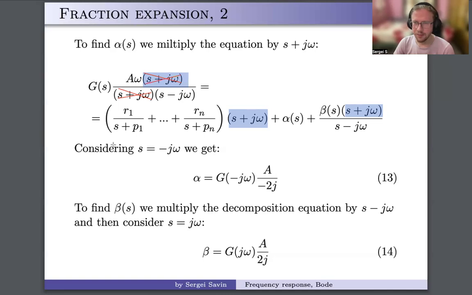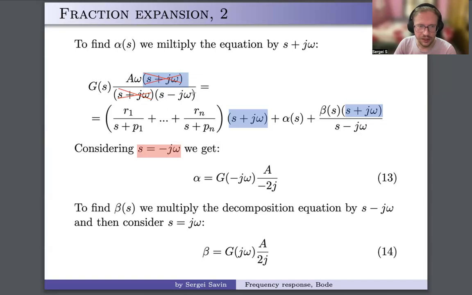Now, to make the next step, we will consider S equal to minus j omega. So we'll consider a case when S approaches or is equal to minus j omega. So this would allow us to make next steps. And next steps are quite interesting here.